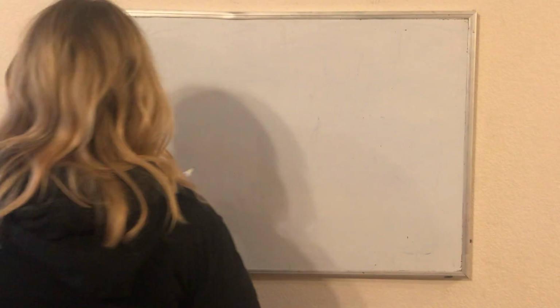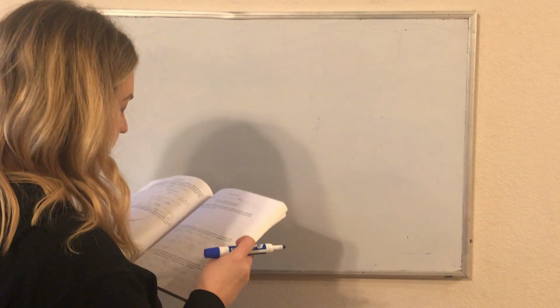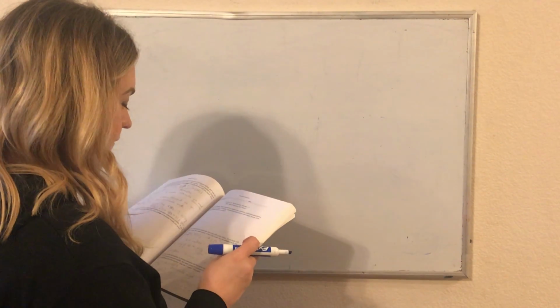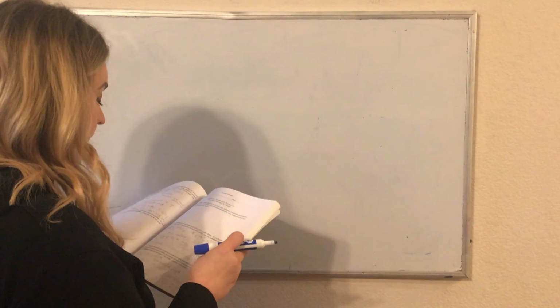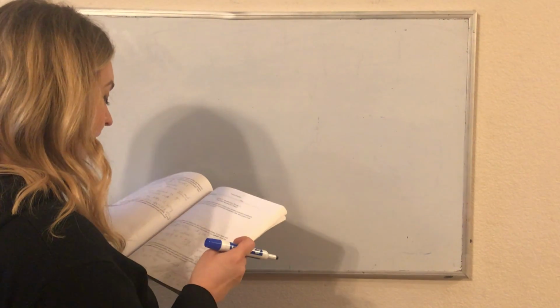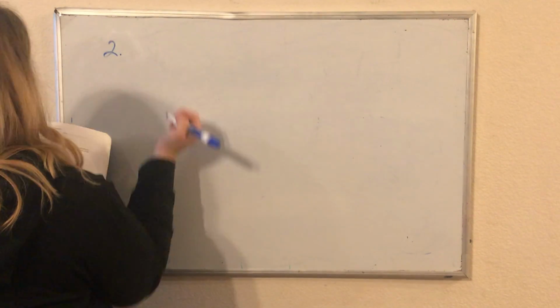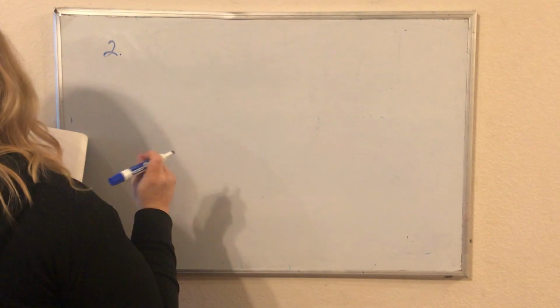The problem says when iron is exposed to oxygen gas, rust or iron 3 oxide forms. If you begin with 25 grams of iron, how many grams of iron 3 oxide can you produce from this reaction? So first step is we're going to write out the equation.